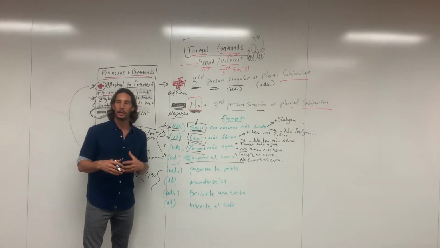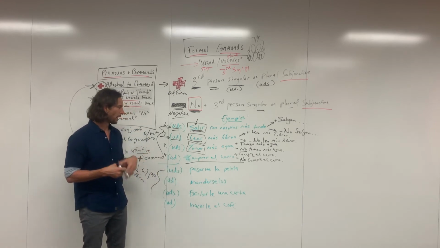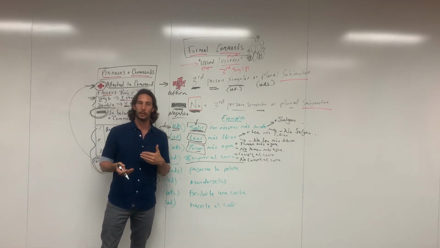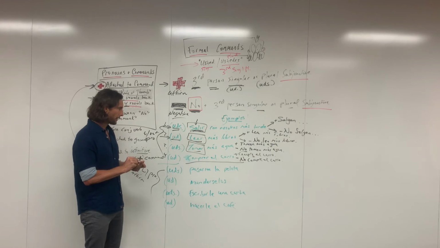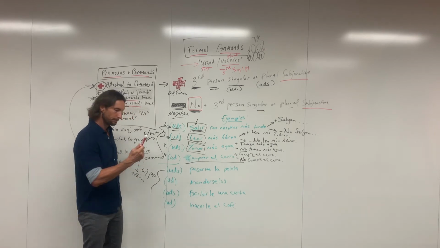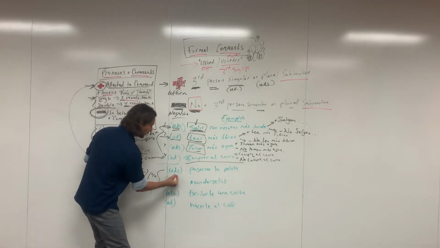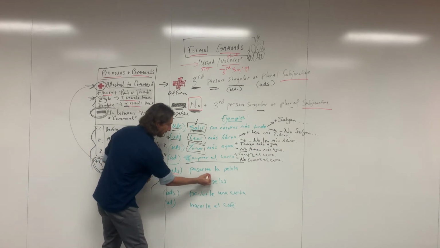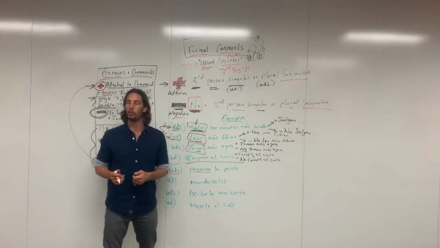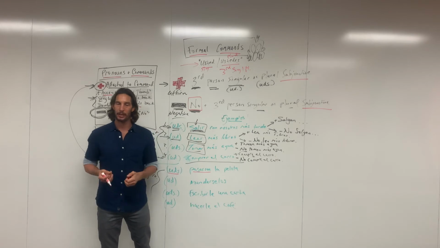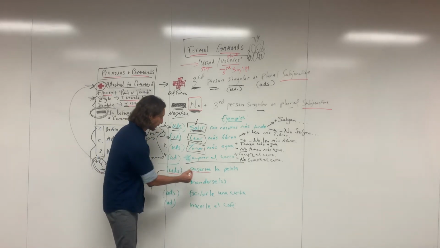Now I want to kick it up a notch and show you how to use these commands with pronouns. I think I'm going to use red. So this is ustedes, and then we have pasarme la pelota. We want to say, you all pass me the ball. So we're going to turn this into a command.